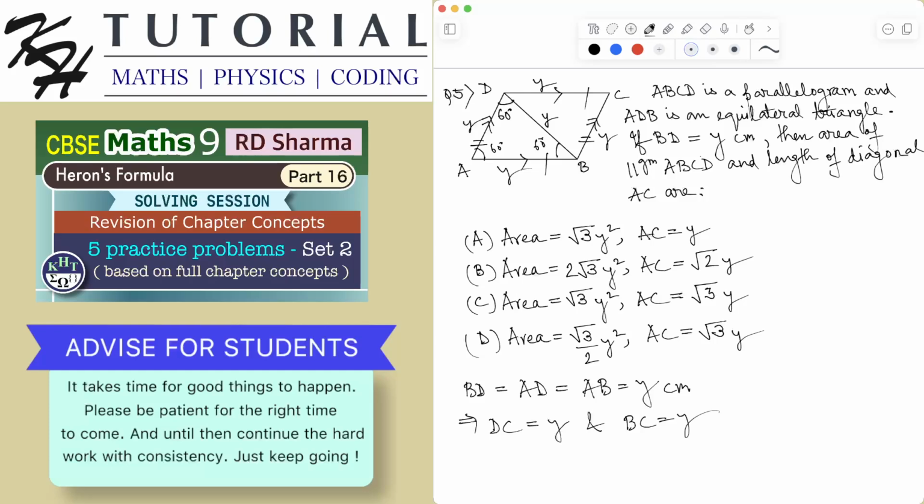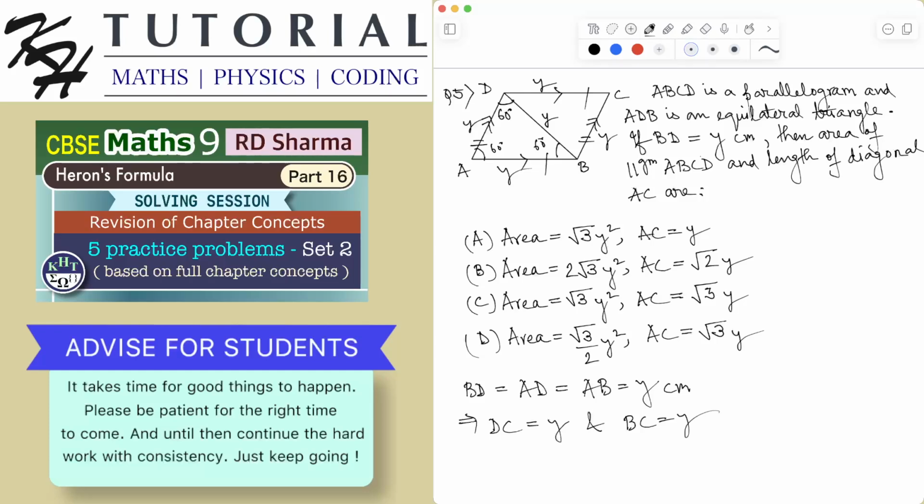And we know that clearly we can see that the length of one diagonal BD is given to be y centimeter. Now we are asked to find the area of the parallelogram and the length of the diagonal AC.